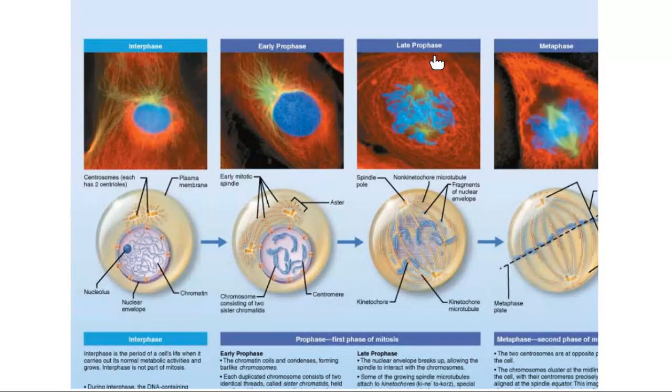So here's what happens for your notes purposes. In prophase, first thing that happens, I form chromosomes. Second thing that happens in prophase, the nuclear envelope or the nuclear membrane dissolves. By the end of prophase, you've got a bunch of chromosomes floating around in the cell, haphazardly, not arranged very well.